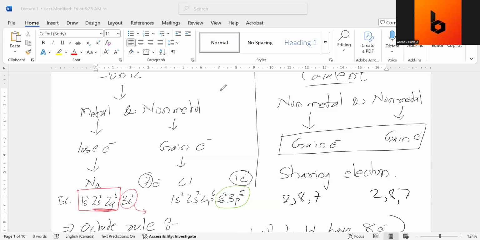If I draw the Lewis structure of chlorine, I draw the symbol of chlorine and I can make 7 electrons: one, 2, 3, 4, 5, 6, and 7. So this is the Lewis structure of chlorine, correct?